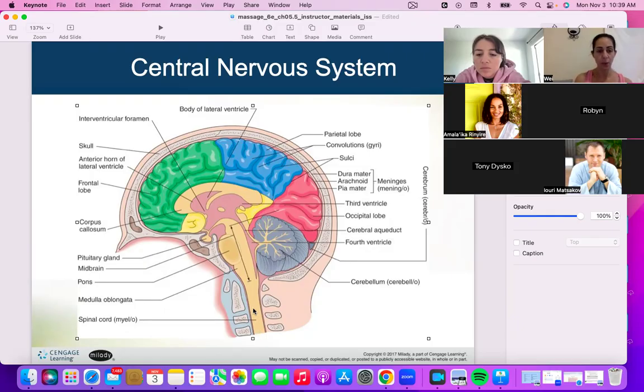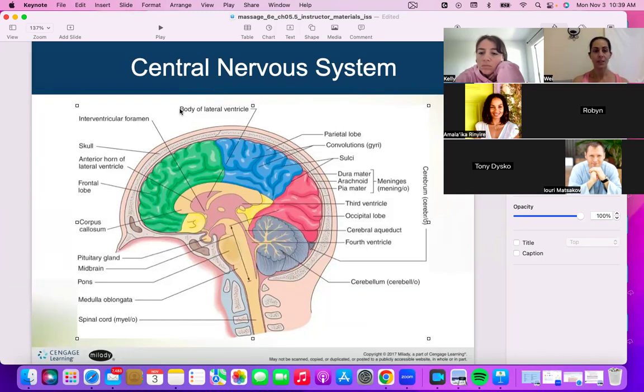Part of the spinal cord, we got the medulla oblongata and the pons, okay? And this whole section, the medulla and the pons, are considered the midbrain. Again, this is just for you to look at. When we go through the book, we're going to highlight section by section so you can understand what each one of those parts of the brain is responsible for, okay?